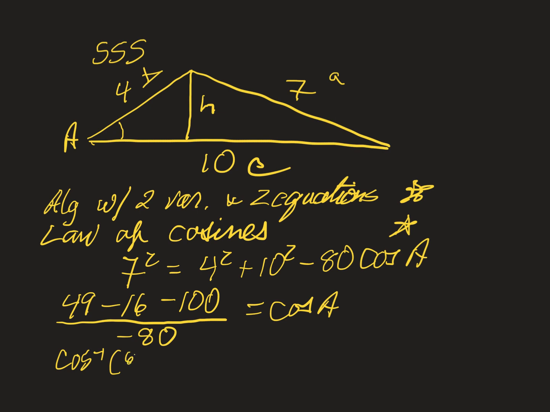So we end up with 67 over 80, and we want the inverse cosine of that, and that will equal angle A.